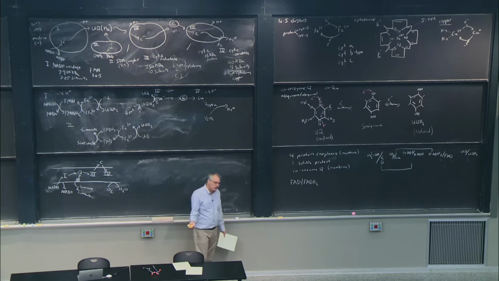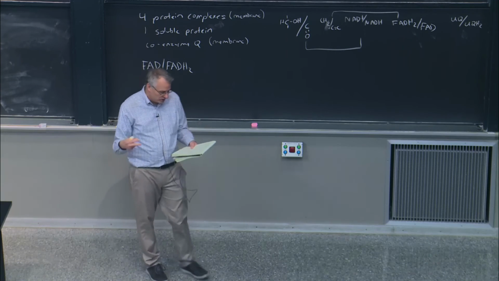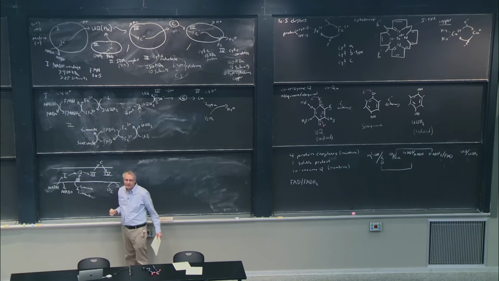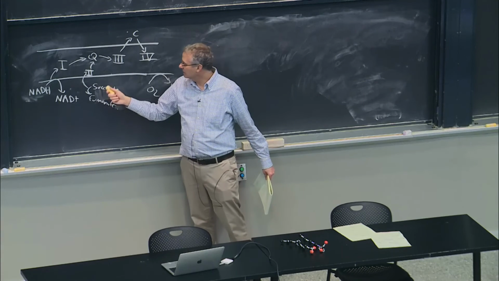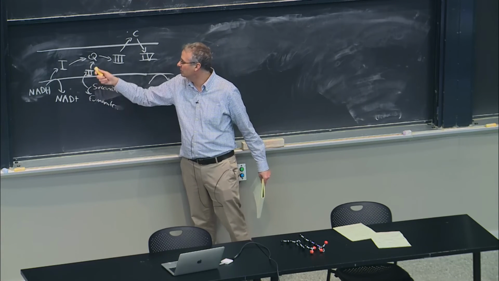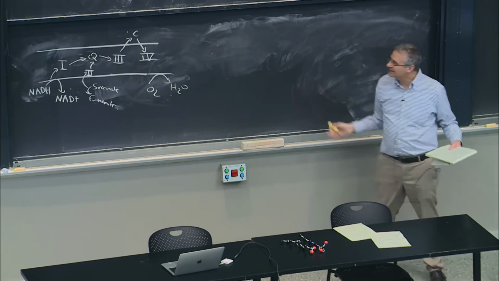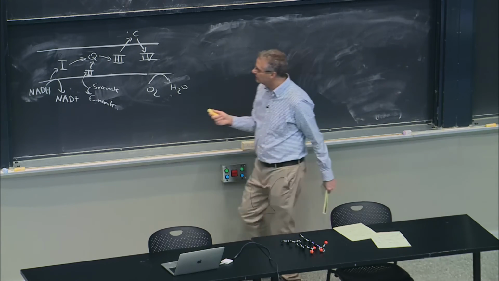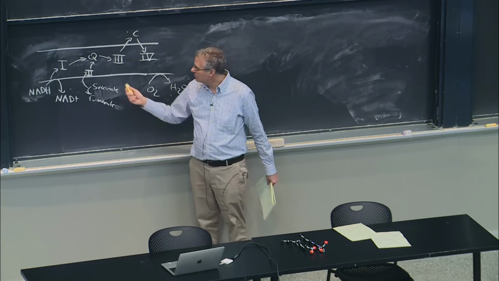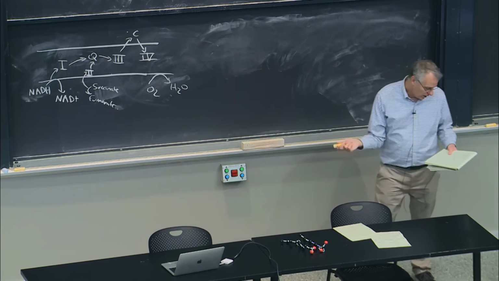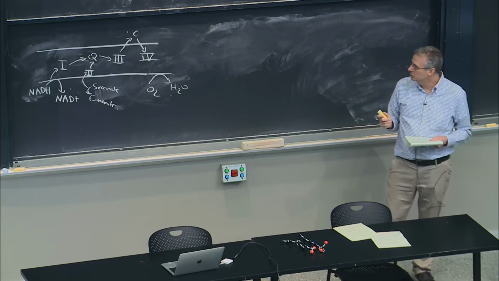Acyl CoA dehydrogenase, the FAD-FADH2 enzyme we discussed in fatty acid oxidation, could easily be drawn instead in an electron transport chain that goes acyl CoA dehydrogenase, coenzyme Q, C3, C4. Just like we can say succinate to fumarate is the same as complex 2, Q, C3, C4, okay? And so there are really lots of alternative electron transport chains that involve these FAD-FADH2 containing enzymes that sit in the membrane and directly transfer electrons to the Q pool.